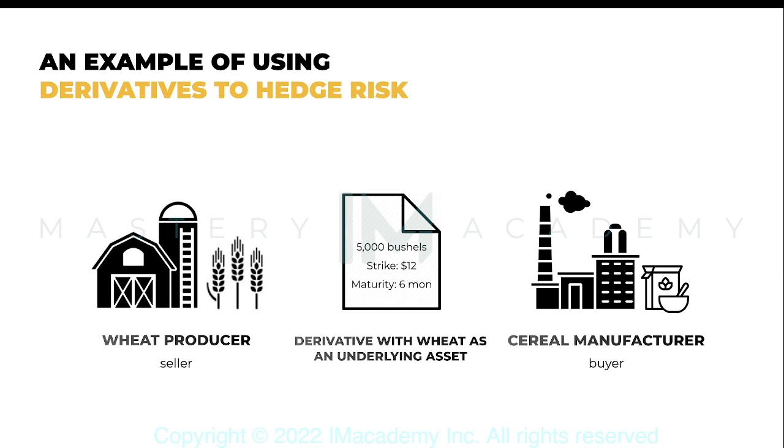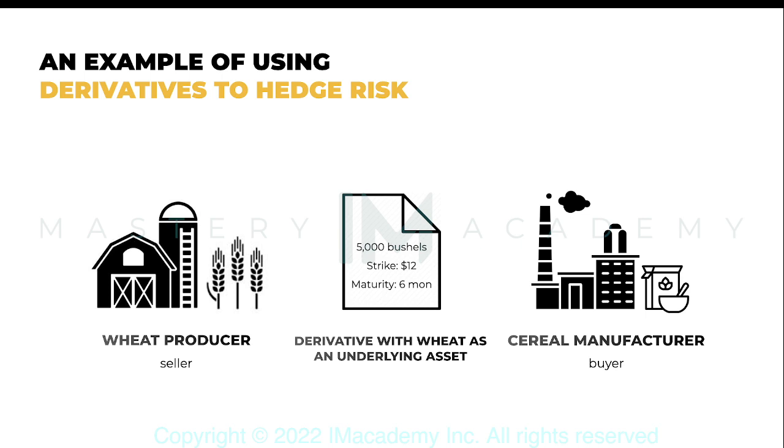Now, if the price of wheat falls, the cereal manufacturer, which is our buyer, will wish they had never signed this contract because they could be buying wheat cheaper than it says in the contract. On the other hand, if the price of wheat rises, the producer, who is our seller, will wish that they hadn't signed the contract because they could be selling the wheat for more money now.